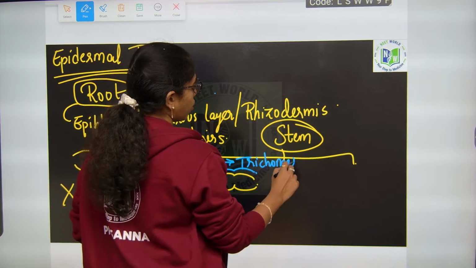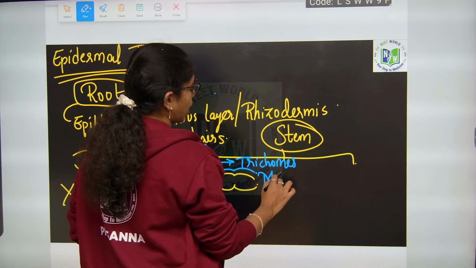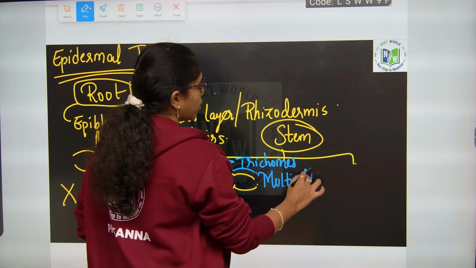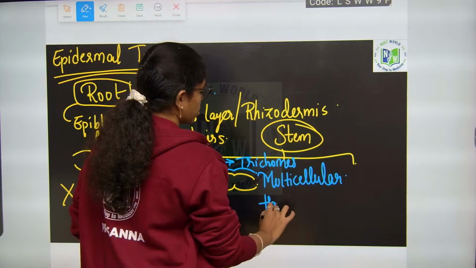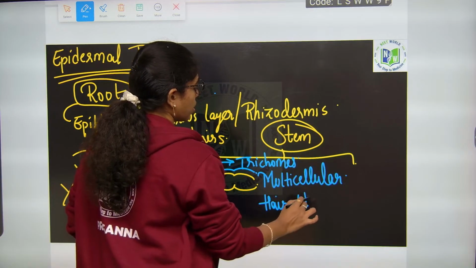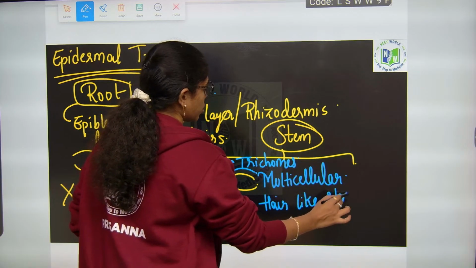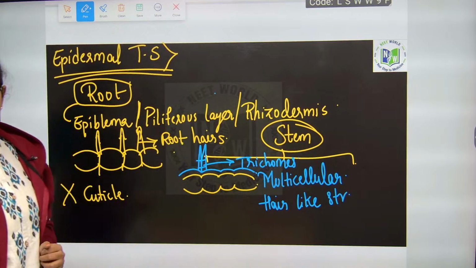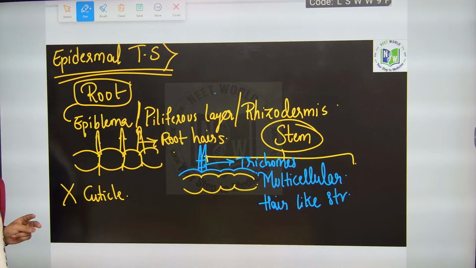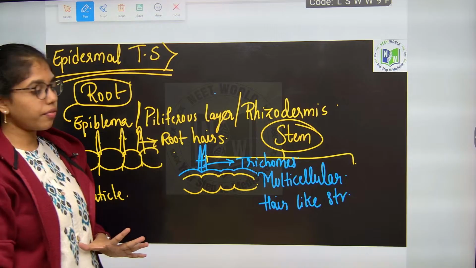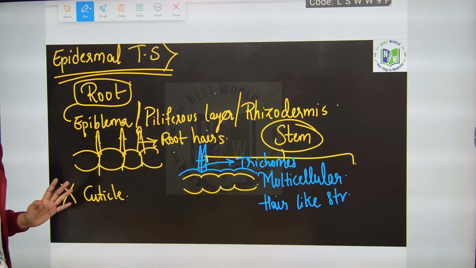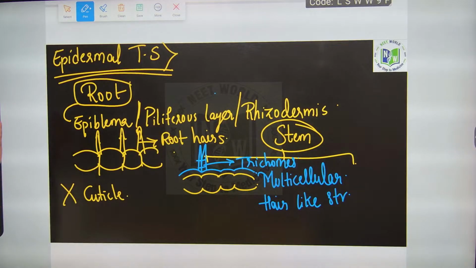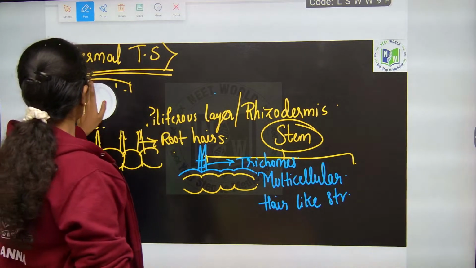Trichomes are multicellular hair-like structures or appendages. Clear, right? So this is about stem epidermis. Next is leaf epidermis.